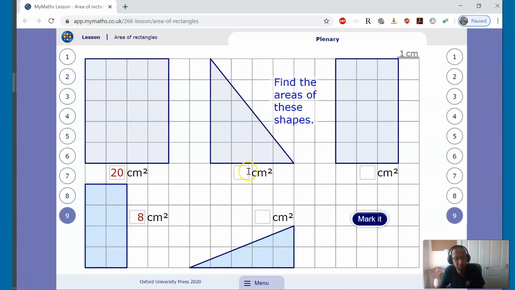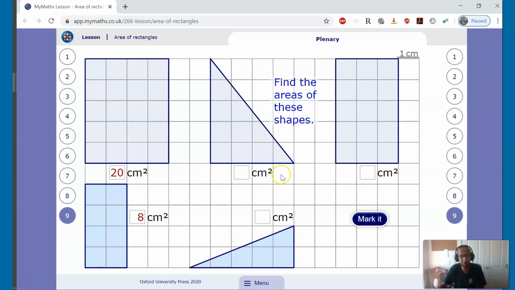I've lost my train of count. Or alternatively, we could work out the area of a full rectangle and then divide that by 2, because this would be half of a rectangle. That will be another lesson. For now, let's put the answer in.